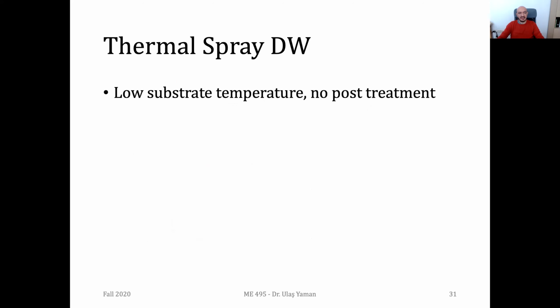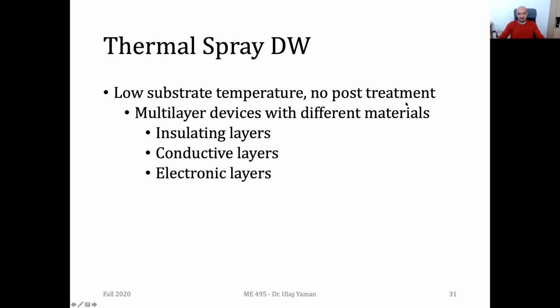So in summary, we say that the temperatures are not high. So at low substrate temperatures, you can do the printing, and since it's done at low temperature, you don't need to do any post-processing operation. And another thing, you may have multiple layers with different materials. You may start with an insulating layer and then another conductive layer.